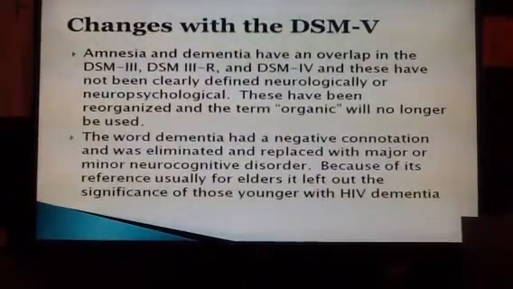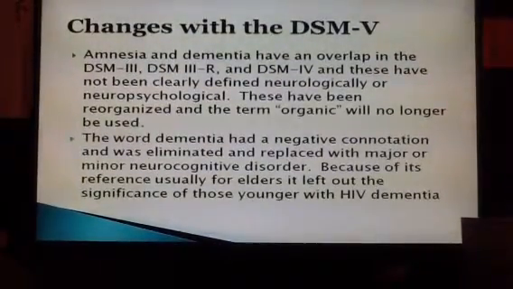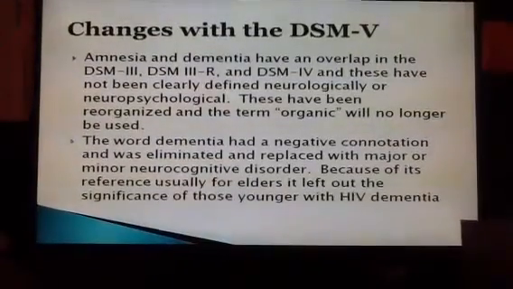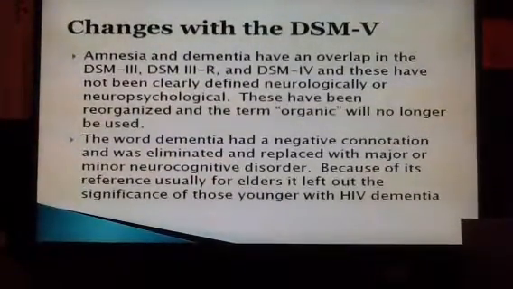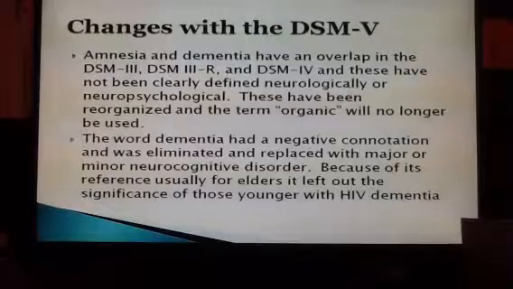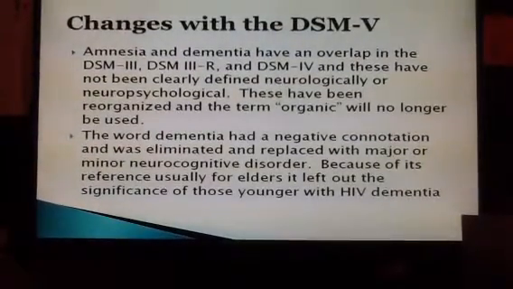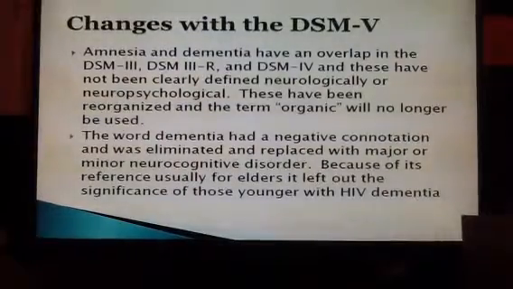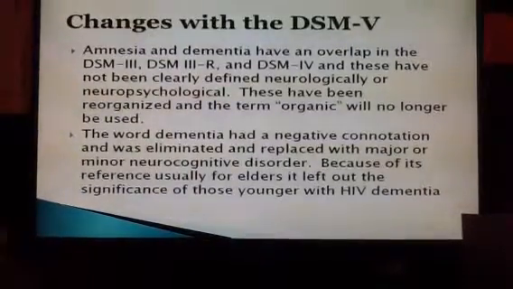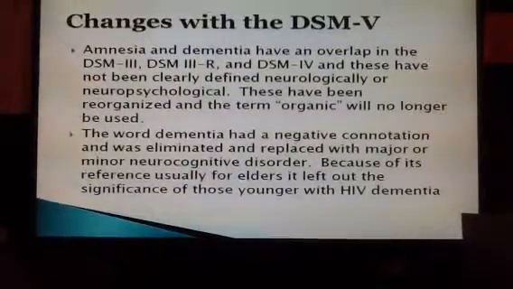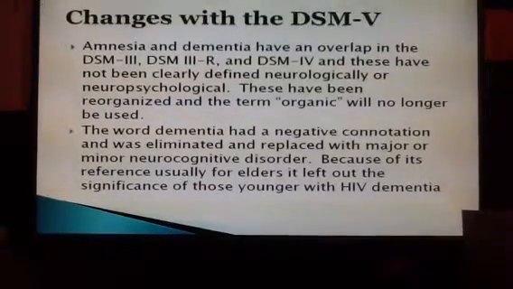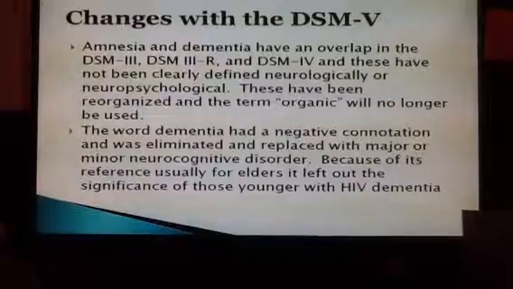These have been reorganized, and the term organic will no longer be used. The word dementia had a negative connotation and was eliminated and replaced with major or minor neurocognitive disorder. Because of its reference, usually for elders, it left out the significance of those younger with HIV dementia.